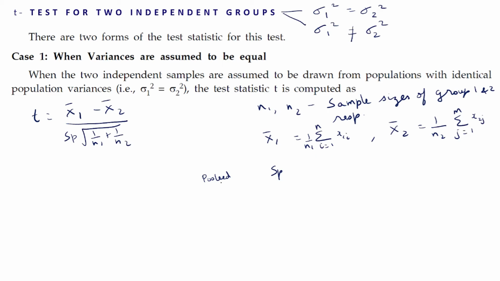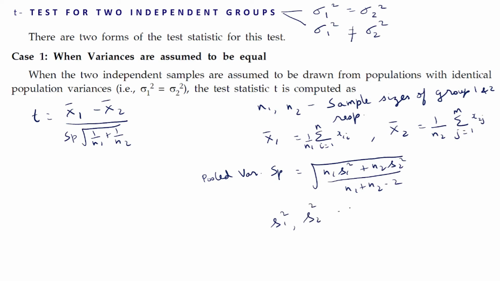It is given by Sp equal to root of n1 s1 square plus n2 s2 square upon n1 plus n2 minus 2, where s1 square and s2 square are the sample variances.